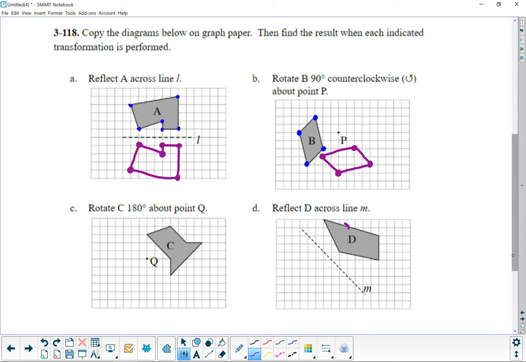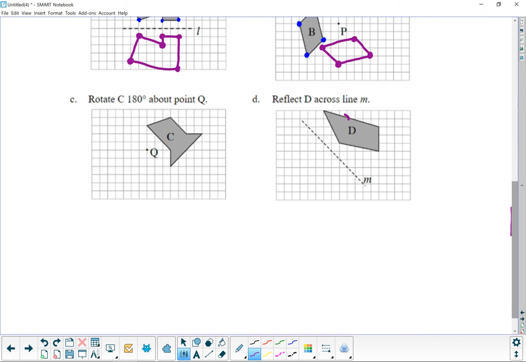Rotate this, letter C, about point Q. Yeah, I'm going to start off with my corners, my vertices. And clockwise, or C right here, what says C 180, that just means clockwise 180.